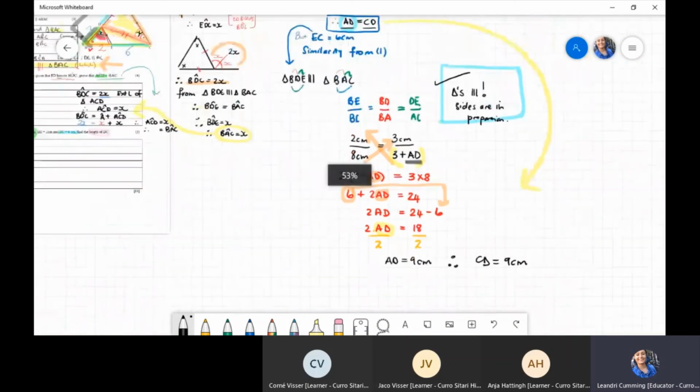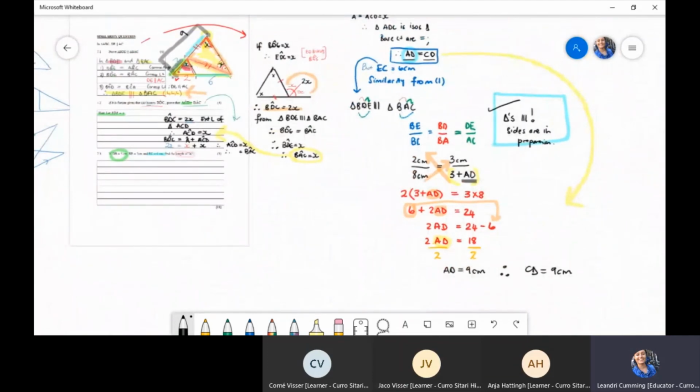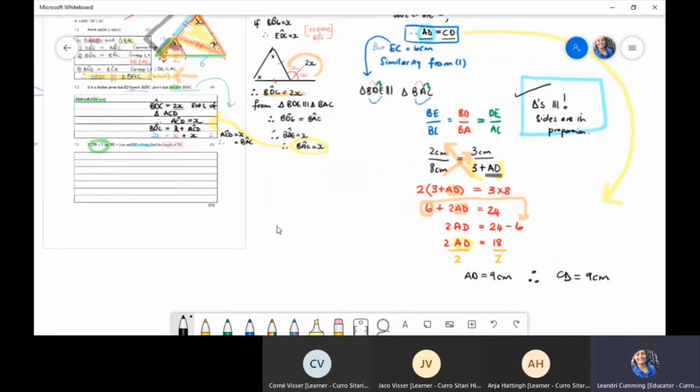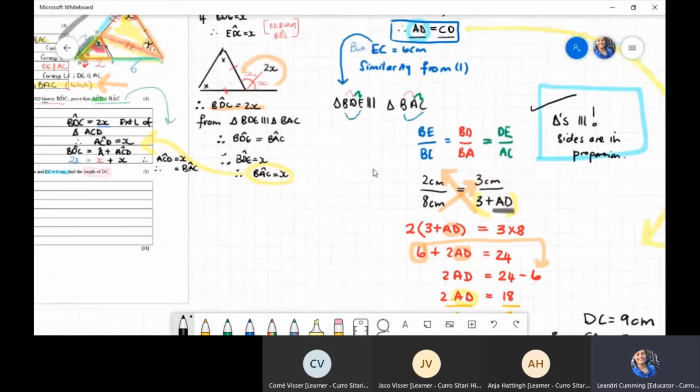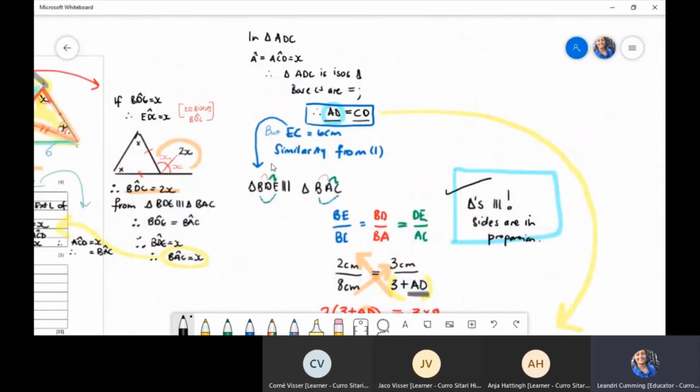Let's go back to the original question and see what we had to work out. We highlighted it in pink, the length of DC or CD. DC, it's the same length. What did we use? We used the fact that we've proven similarity.